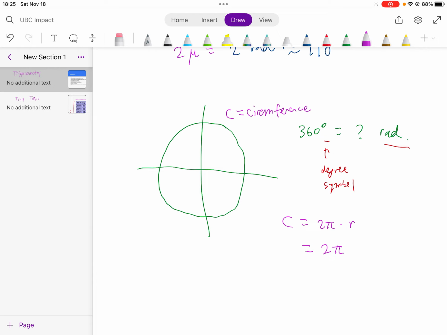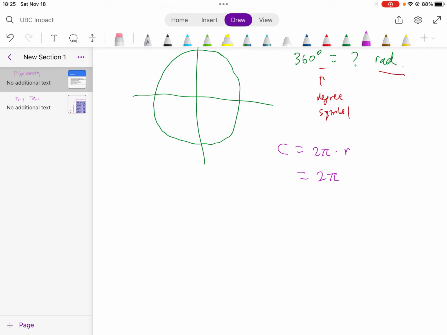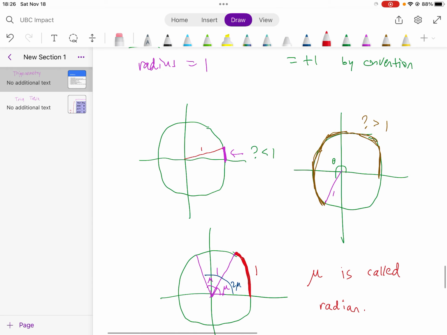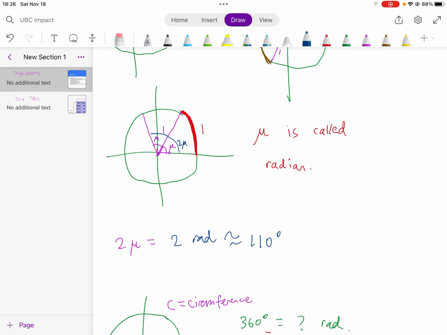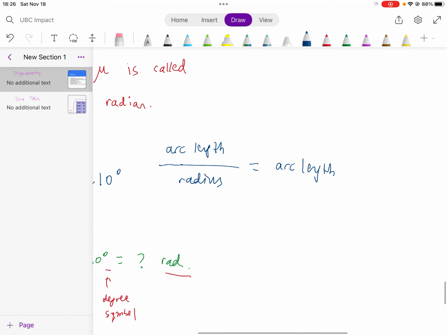Where do we find the circumference? Well, the arc length of the entire circle is just equal to the circumference by definition. And so we know that if we look at the ratio between the arc length and the radius, this is always just equal to the arc length itself, because the radius is 1 on the unit circle.